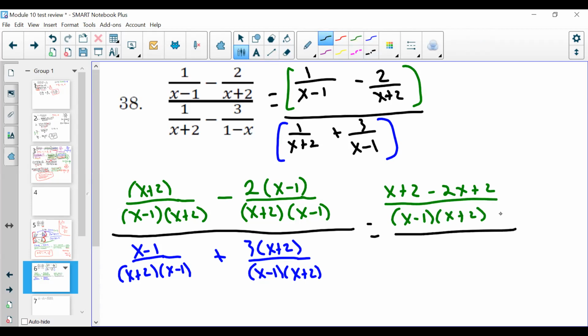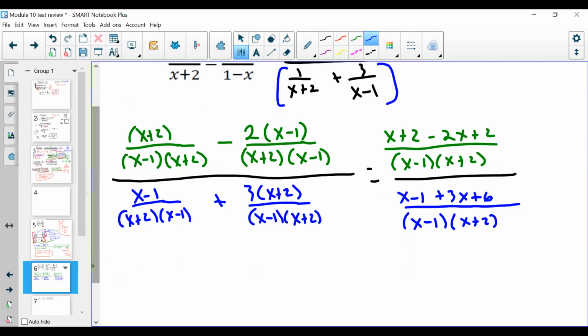Now all of that over what we get when we fix the bottom. So same denominator, so I'm fine with that. And the top I have x minus 1. And I can distribute this 3 to get a positive 3x plus 6 all over that denominator of x minus 1, x plus 2. Right, I can do it this way.